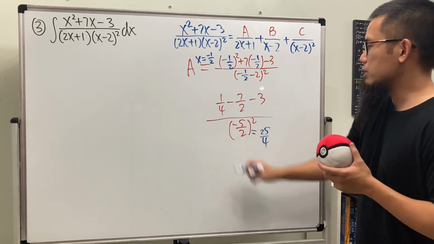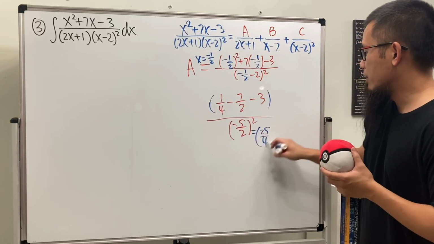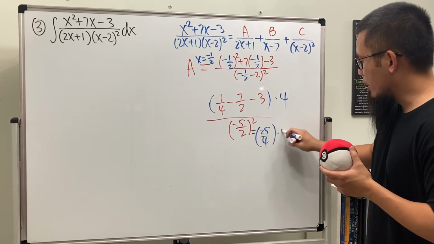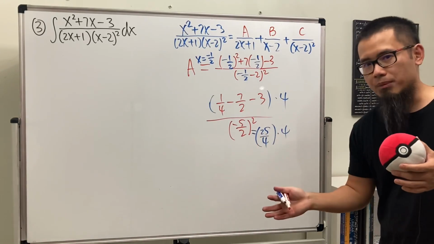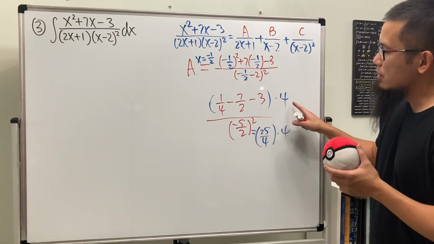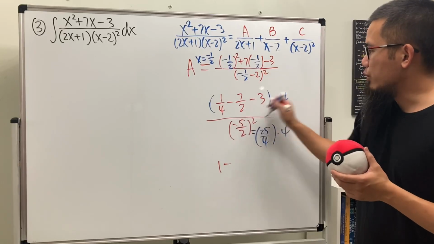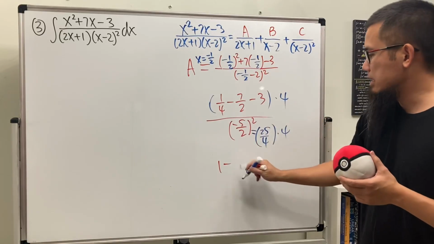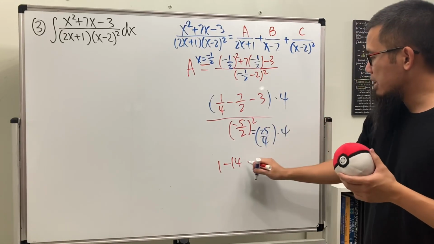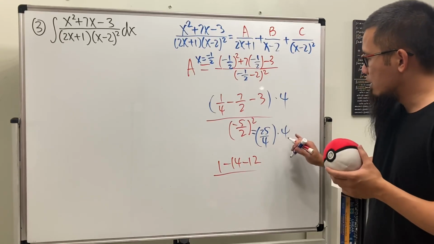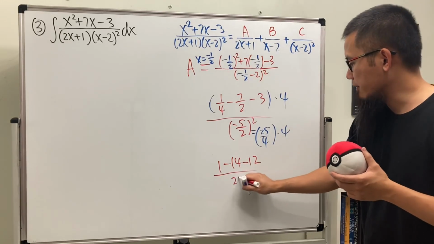So what we can do is just multiply the top and bottom by 4. Why? Because this way, we can just get rid of the complex fractions. I think it's easier that way. So if you do this times that, we get 1 minus this times that, reduce it, you have 2 times that is 14. This times that is 12 over this times that, we just get 25.